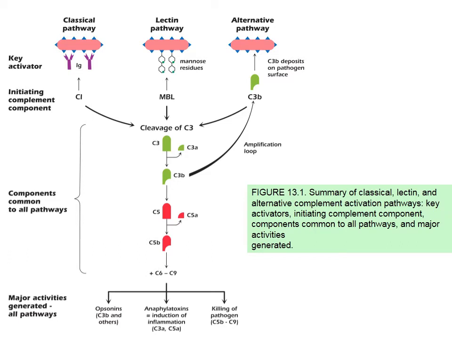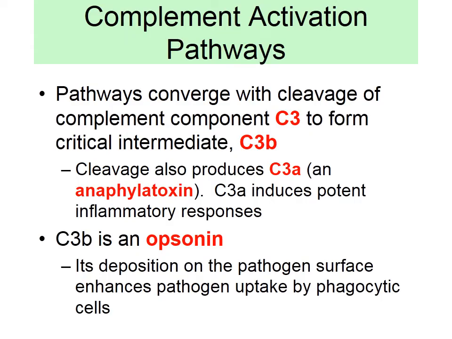The most important one in this case is C3, and when C3 is cleaved, it's going to cleave into C3a, which is an anaphylatoxin, and that C3a would induce a very potent inflammatory response. Whereas C3b is an opsonin, and as we discussed earlier, it's going to deposit on the pathogen surface, and when it is sugar coated, it's going to enhance pathogen uptake by phagocytic cells.